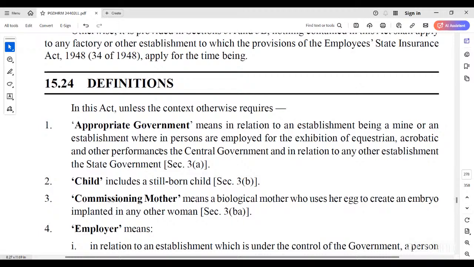Commissioning mother means the biological mother who uses her eggs to create an embryo implanted in any other woman.